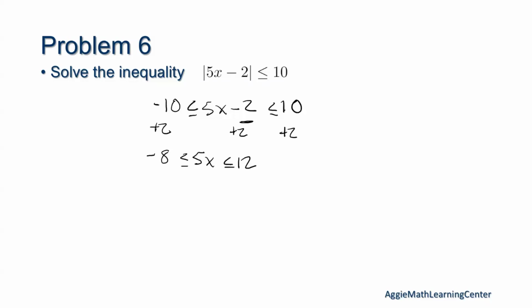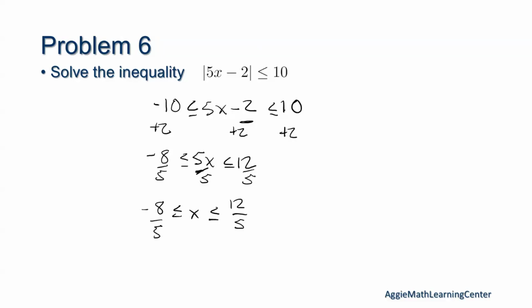Now the only thing that's left is this 5 right here. We have to divide everything by 5. So 5 by 5, 5 by 5, and we're going to be left with -8 over 5 less than or equal to x less than or equal to 12 over 5.